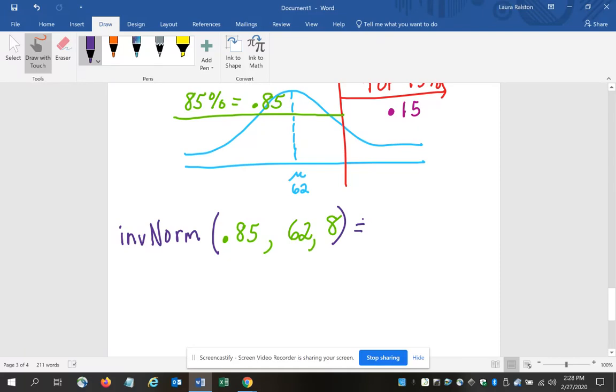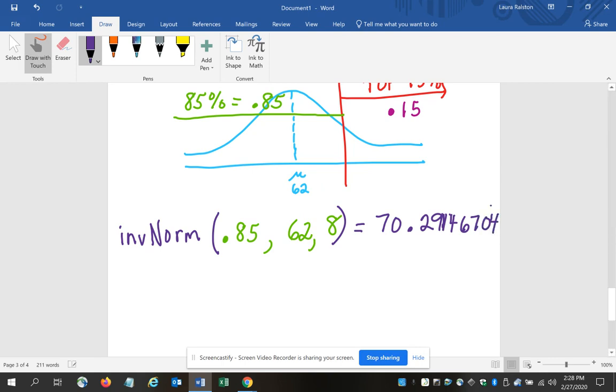Okay, so if I punch that in on my handheld calculator, second, bars, option 3, 0.85, comma, 62, comma, 8, close parentheses, and hit enter. We get a value of 70.291... Whoops, sorry about that. 70.146704.